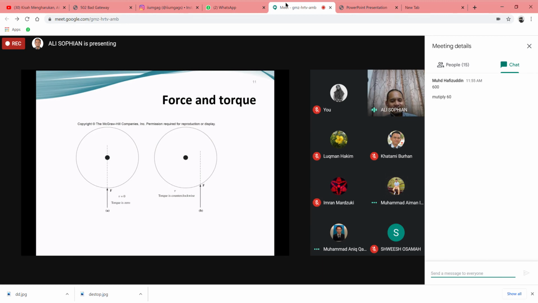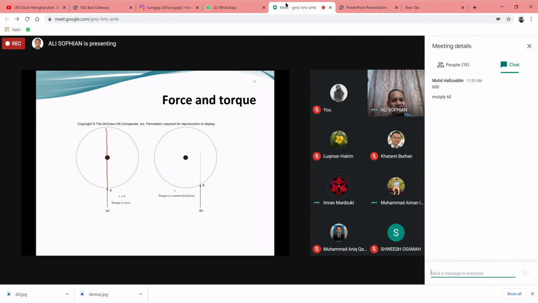Yes. The force is pointing toward the center, which is based on the definition that we had on the previous slide. The torque is the force times the smallest distance. And what is the smallest distance here? This is the line of action of the force. So what is the smallest distance between the line of action and the axis of rotation?